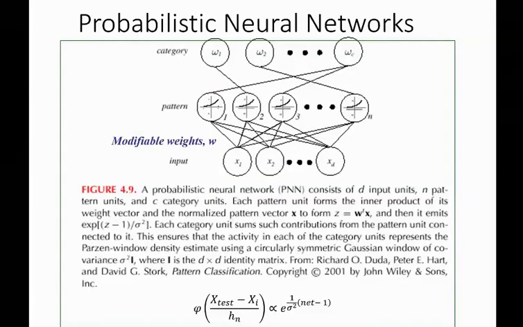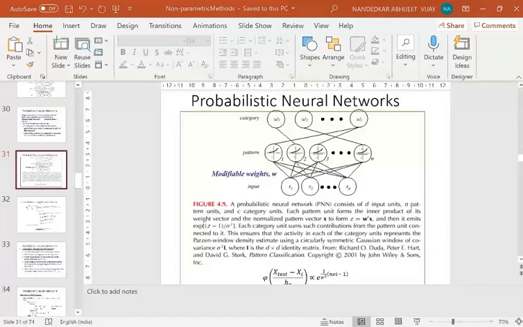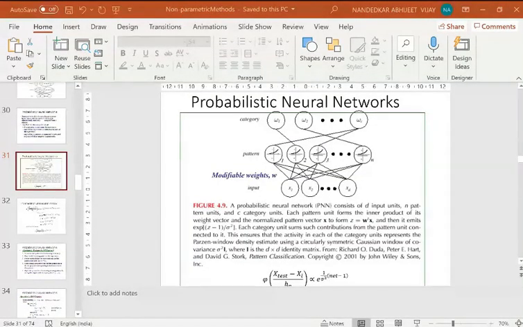So in last class we have seen this probabilistic neural network. I hope you have understood that. We have taken one problem as well.